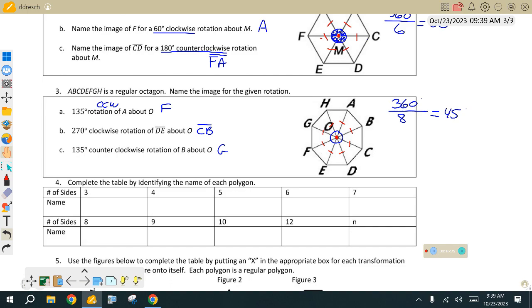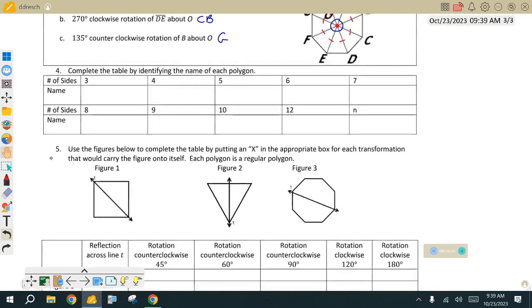Okay, let's go around. As we're talking about polygons really quick, let's make sure we know the names of our shapes. That sounds silly, but number of sides and the name. A 3-sided figure is called a triangle. A 4-sided figure is called a what? We get a bunch of 4-sideds out there.